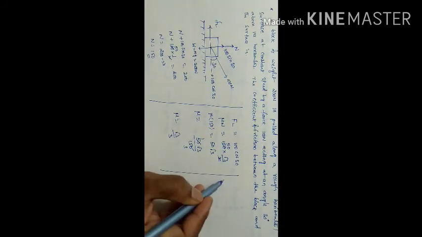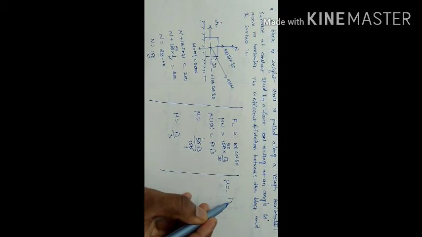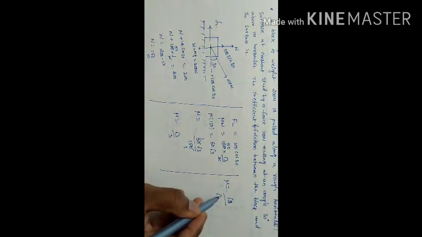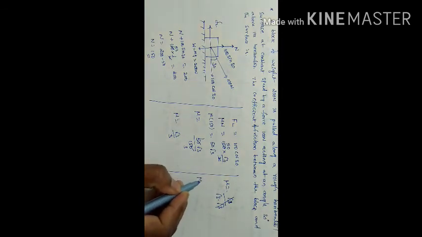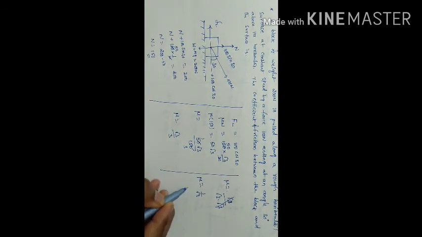So mu equals root 3 by 3, which can be written as root 3 by root 3 into root 3. Now let us cancel root 3 and root 3. So now mu equals 1 by root 3, which is 1 by 1.732.